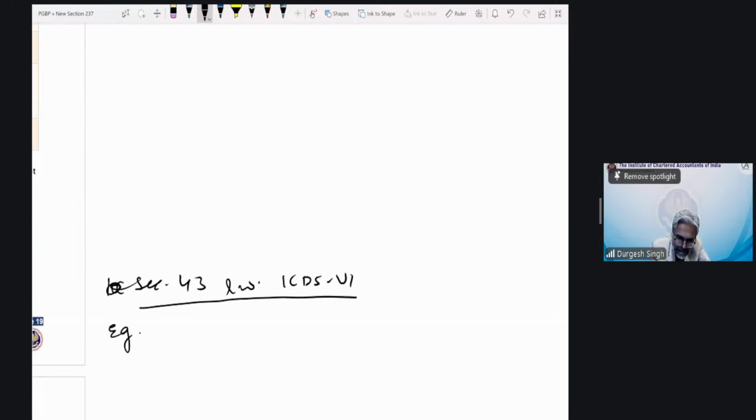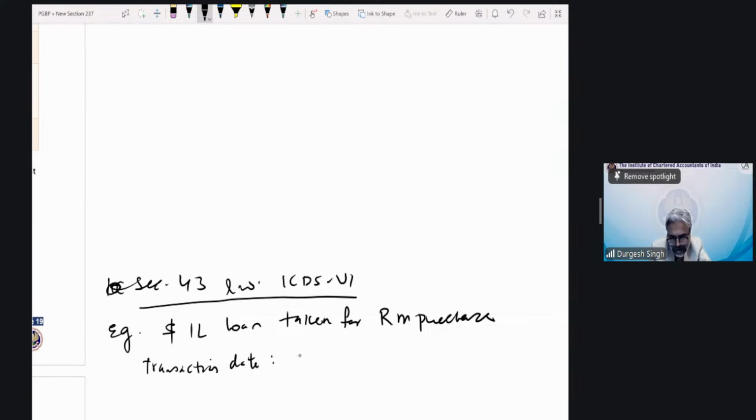Give an example, students. Example: $1 lakh loan taken for raw material purchase. Transaction date, 1st February 2026, $1 equals 100. On 31st March 2026, $1 equals 110.